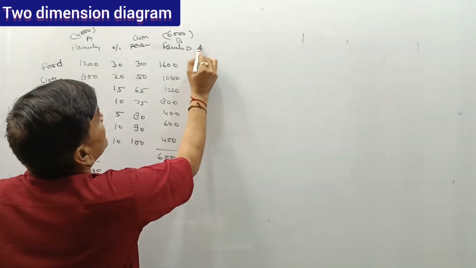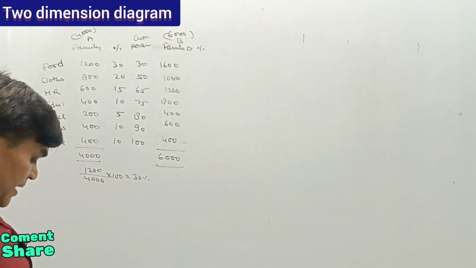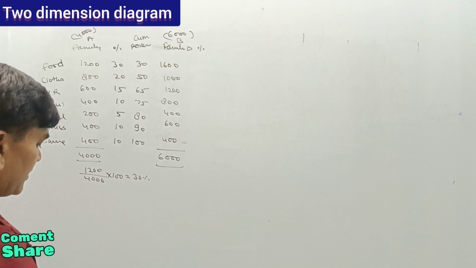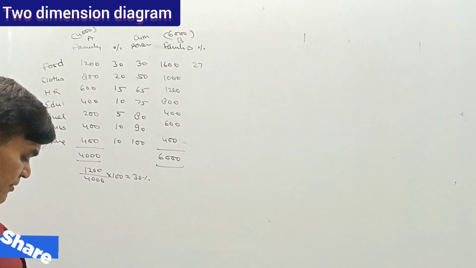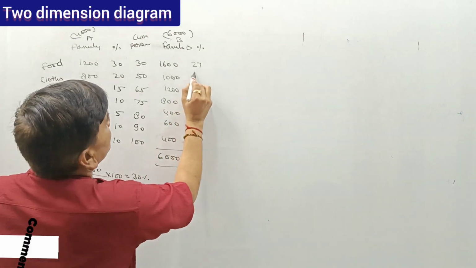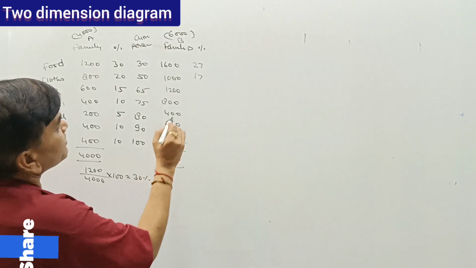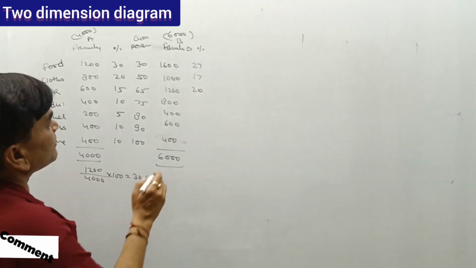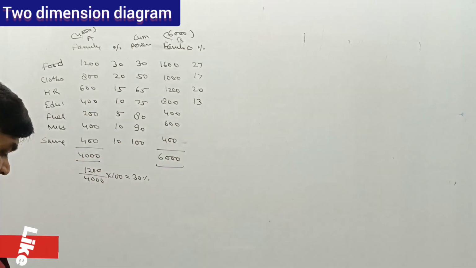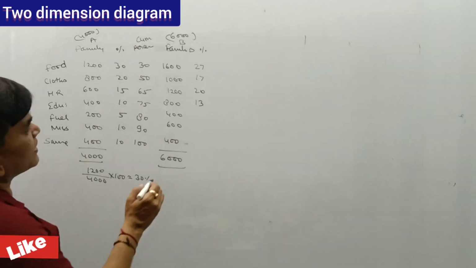Second, similarly we will first get the percentages. For 6000: 1600 divided by 6000 multiplied by 100 is approximately 27%. 1000 divided by 6000 multiplied by 100 is 17%. 1200 divided by 6000 multiplied by 100 is 20%. 800 divided by 6000 multiplied by 100 is 13%. 400 divided by 6000 multiplied by 100 is 6.67%, approximately 7%.